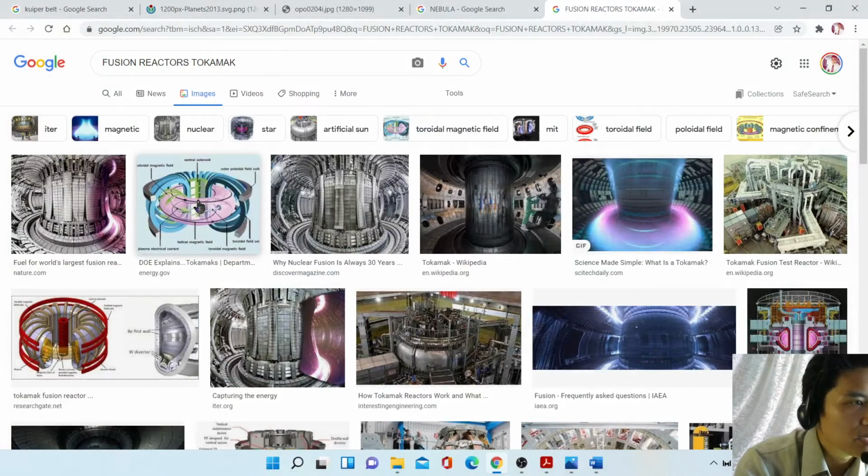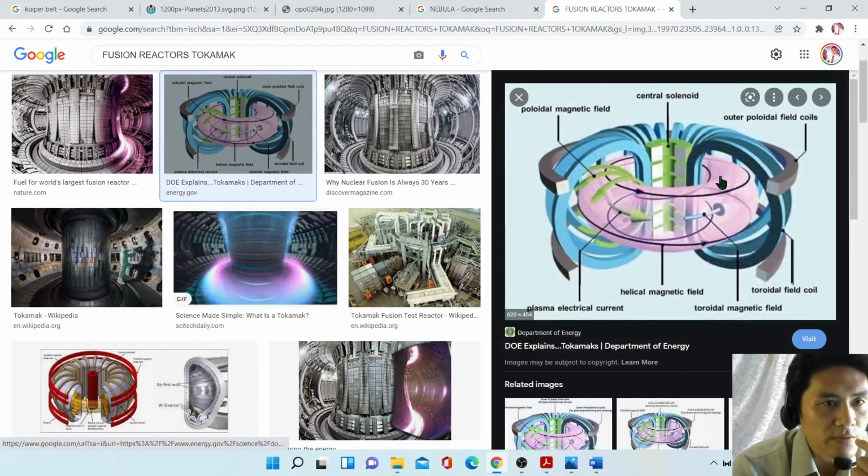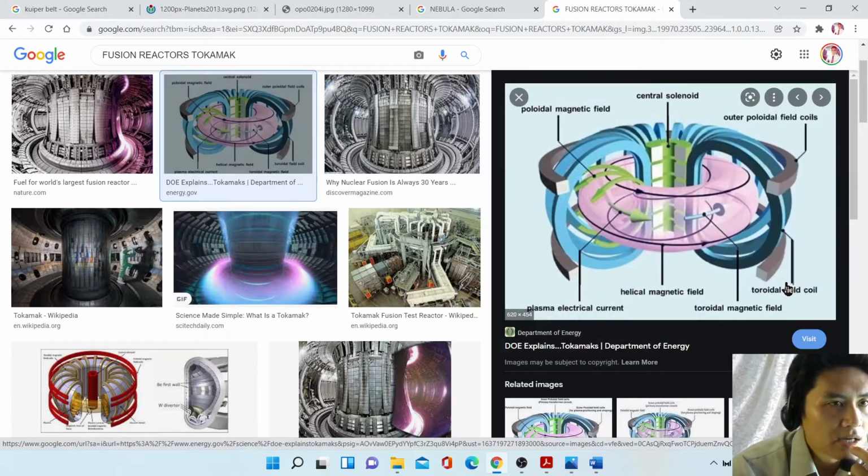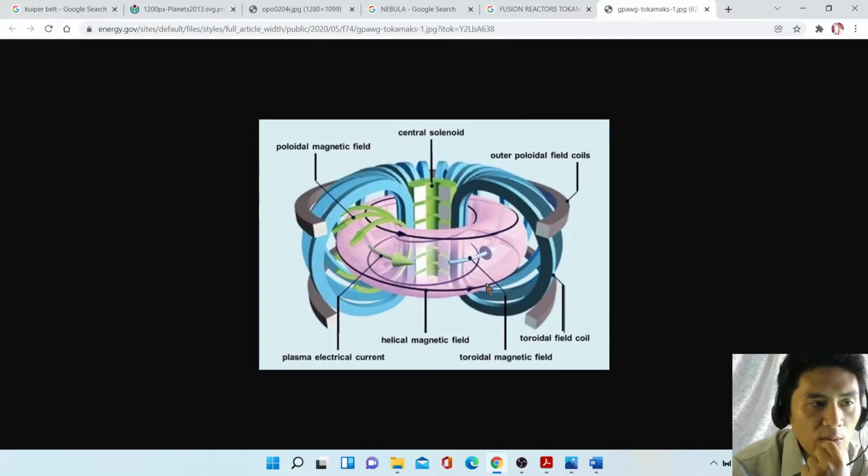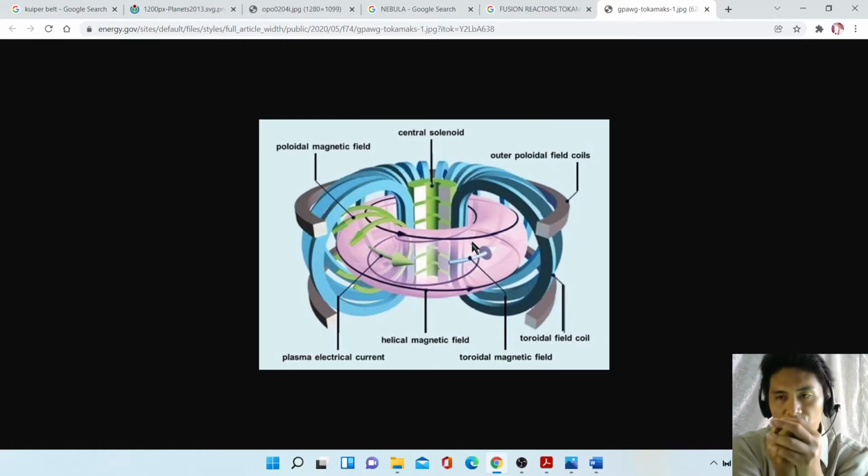So if we click here, this requires a magnetic field, right? And that magnetic field is created by electricity. So we have to supply electricity to create these magnetic fields to create fusion.